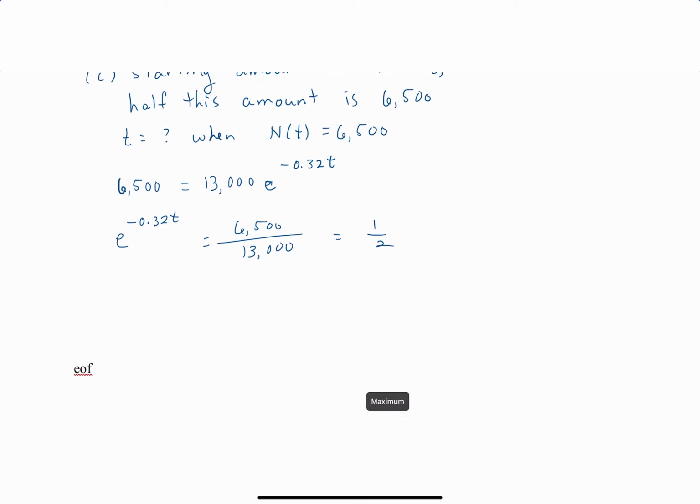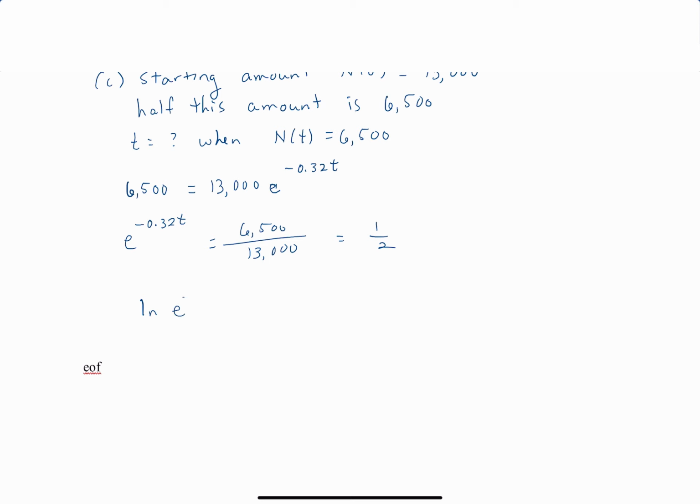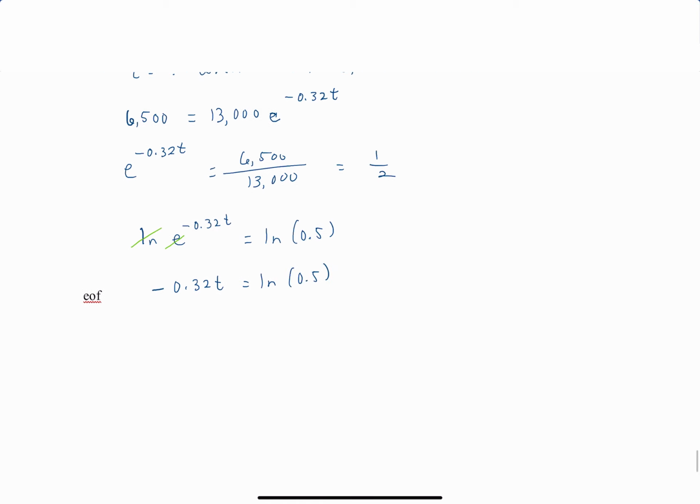Now I take natural logs on both sides because I've isolated the exponential expression. That gets rid of both the ln and the e on the left-hand side, leaving me −0.32t = ln 0.5. We'll finish isolating the t by dividing both sides by −0.32, which gives us a little over 2 weeks, about 2.2 weeks.